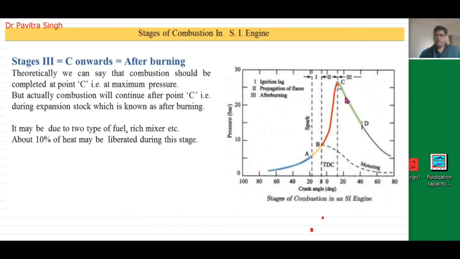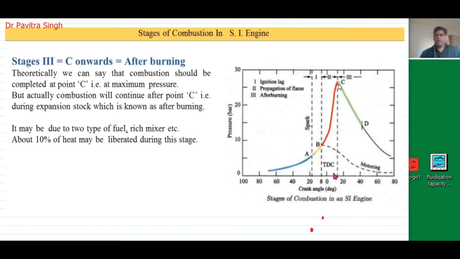It may occur due to either a rich mixture or a lean mixture, and about 10% of the heat may be liberated during this process. So this is called after burning.